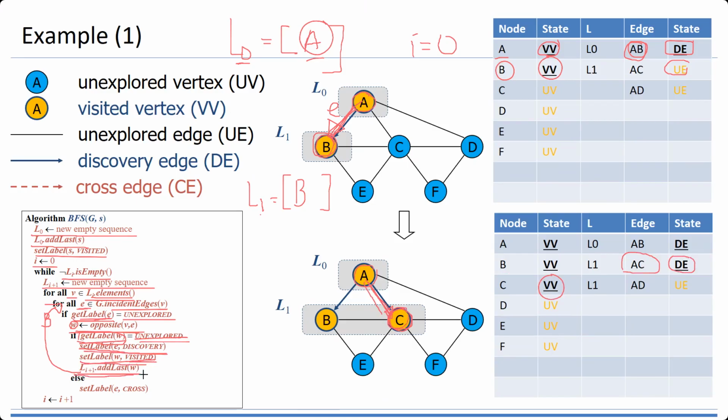Now Li plus 1, where I is still 0, so in L1 we now have B and C. So we will return to this for loop and check the next E, which is AD.